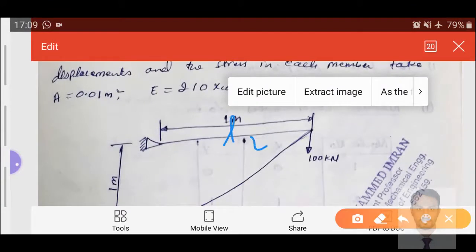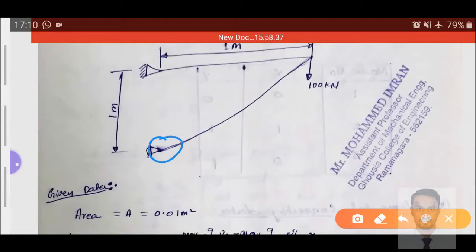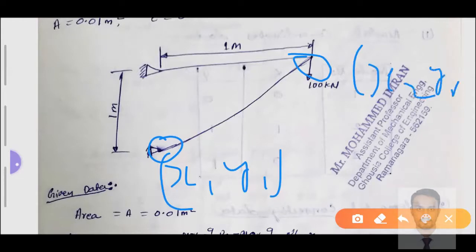So L2 equals 1 meter, but L1 is not equal to 1 meter or any other given value, and that we need to find out. It lies between node number 1 and 2, with initial node value x1, y1 for this one, and at node number 2 the final value x2, y2.